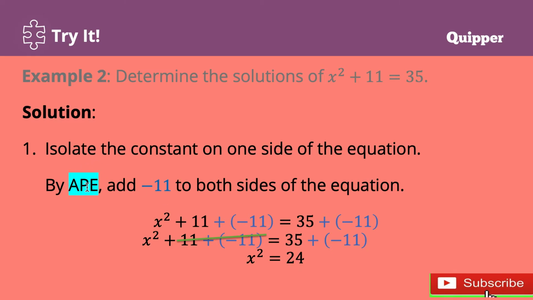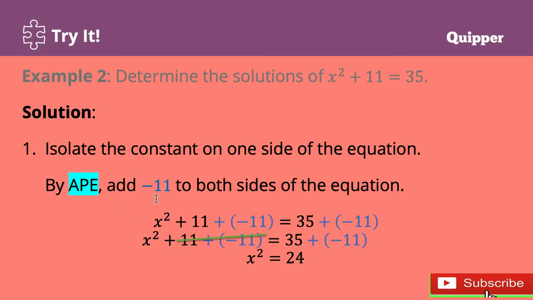By addition property of equality, we are going to add negative 11 to both sides of the equation. This negative 11 is from the constant term here in this side of the equation, because we need to transpose this one to the other side. That is why we need to add its negative or its opposite.